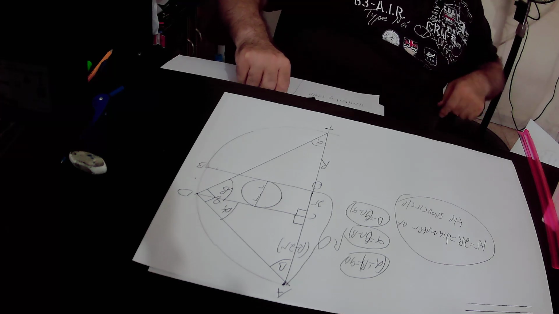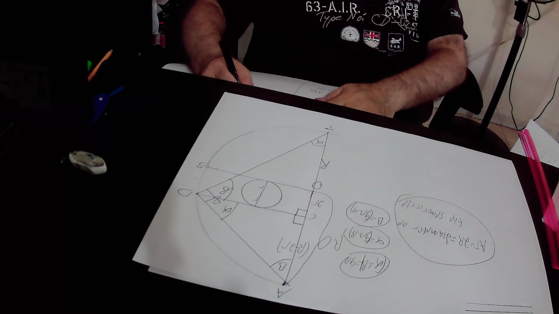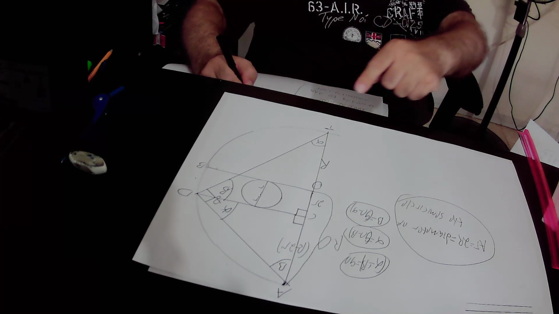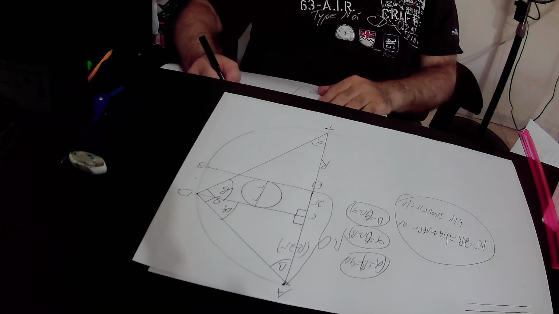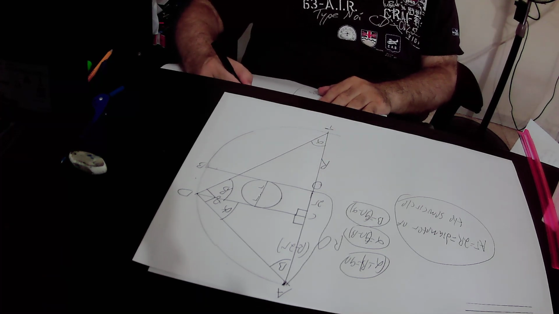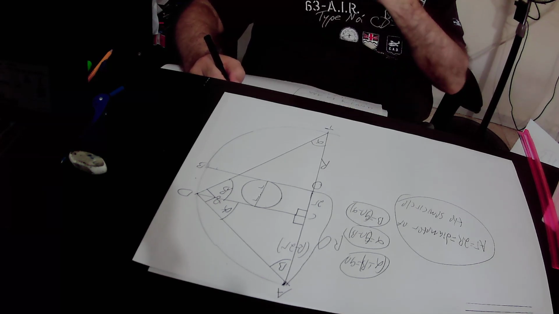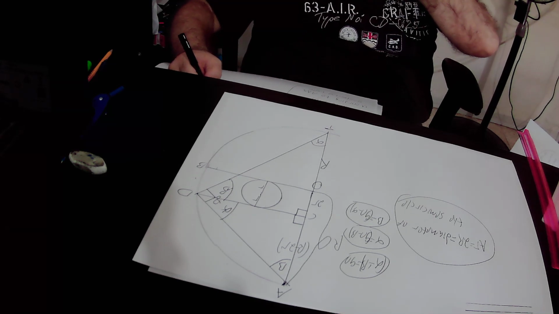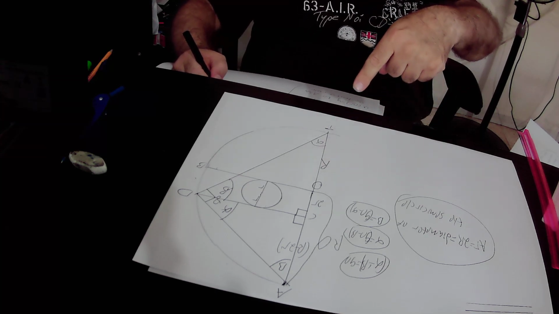AC in the right triangle ACD over CD in the right triangle CDT, or CD, equals CD in the right triangle ACD over CT in the right triangle CDT.